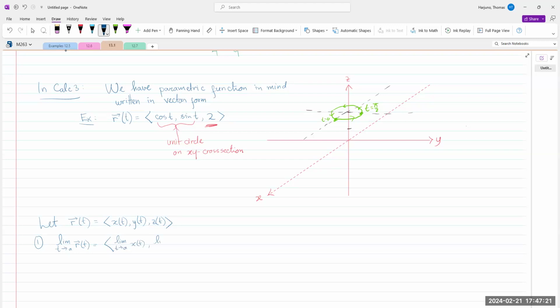Suddenly we have calculus 1, but we need to do it 3 times.